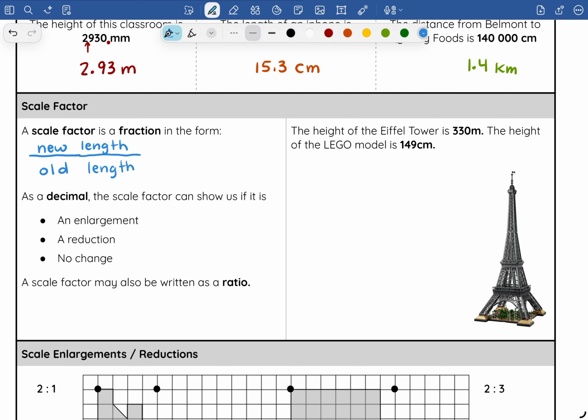When we later get into scale diagram stuff, we end up really thinking of this as being more so like the blueprint. Oh, sorry, we don't usually say old, we say original. My bad. It's kind of the same thing, but it makes more sense to think original. When we're doing this with a scale diagram, we're thinking blueprint versus real life.